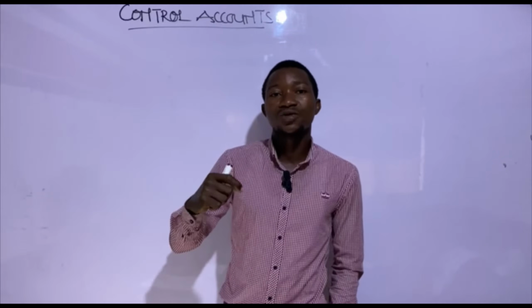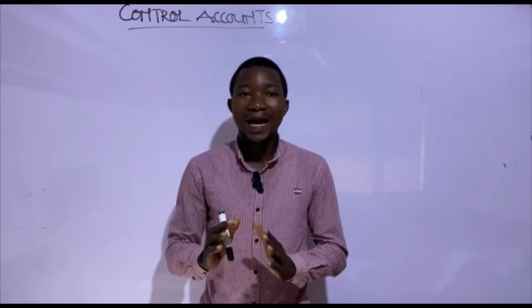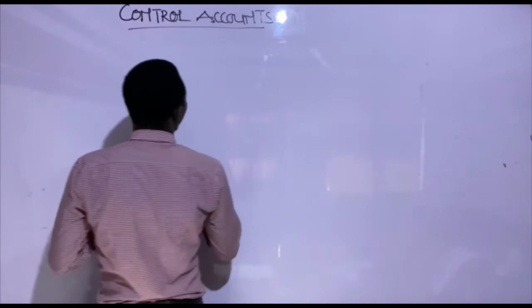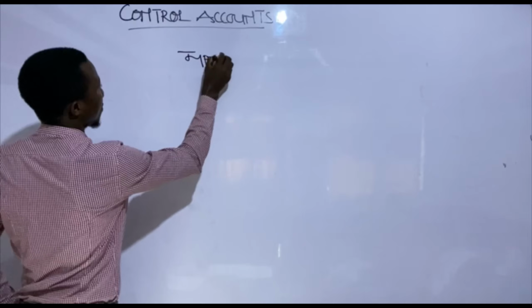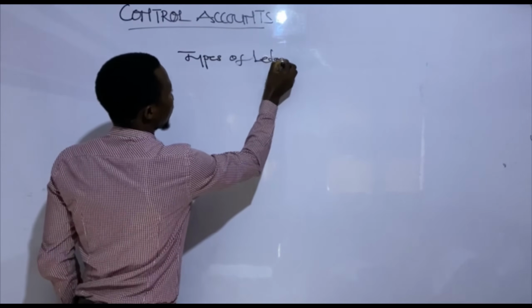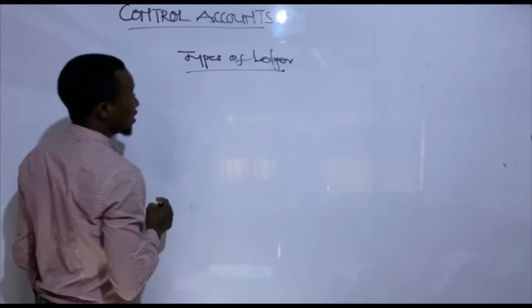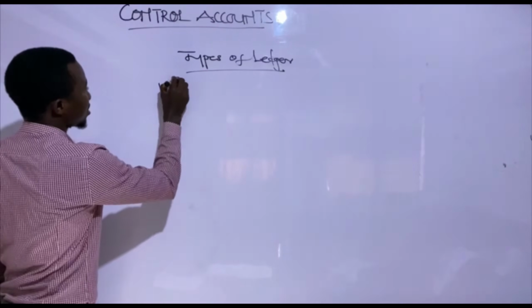So now let's try to know what the personal ledgers are. Basically, we have three types of ledgers. Let's do this quick recap to get a general knowledge on this topic. So we have what we call sales ledger.